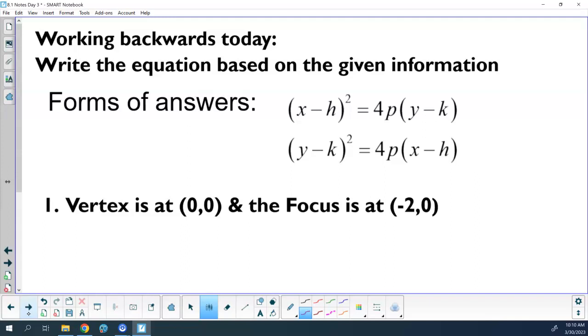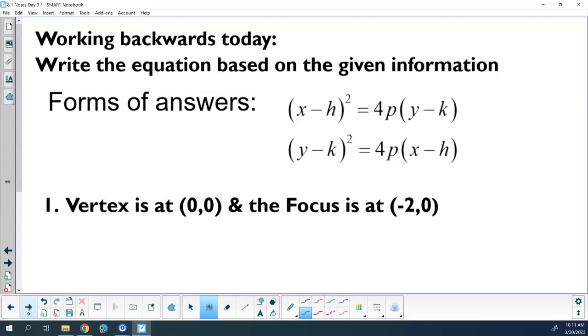I might give you the focus, the vertex, the directrix, the axis of symmetry, etc. I'm going to give you some combination of those, and I'm going to say, find me the equation. This is really good. It's a really good assessment as to if you understand what we've been doing all week, because you're going to take all that information now, and you've got to work your way backwards.